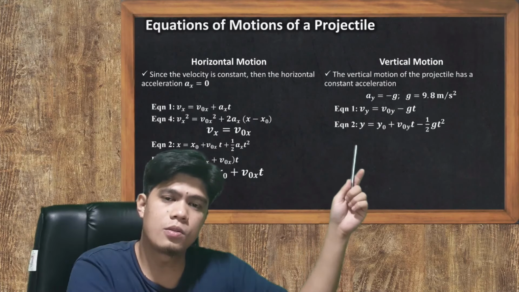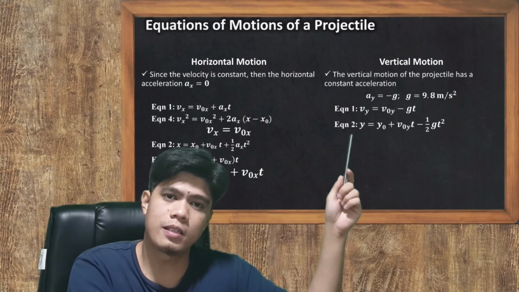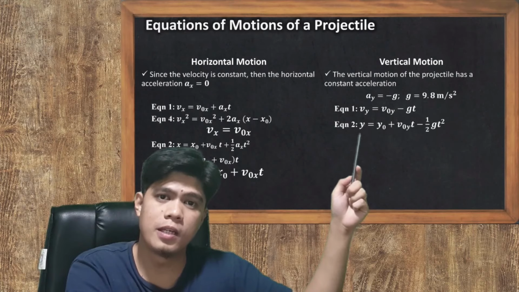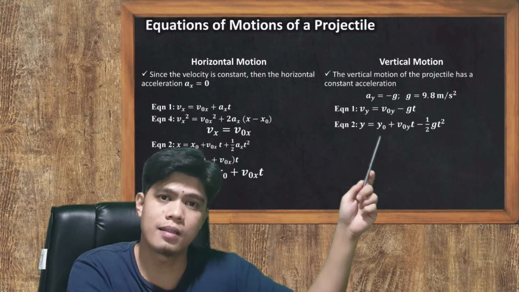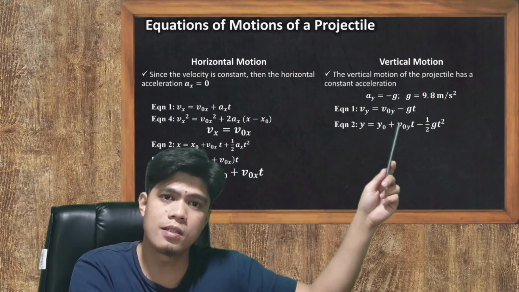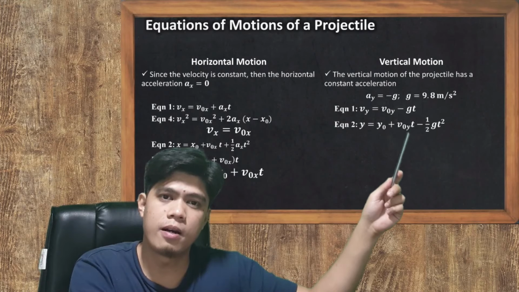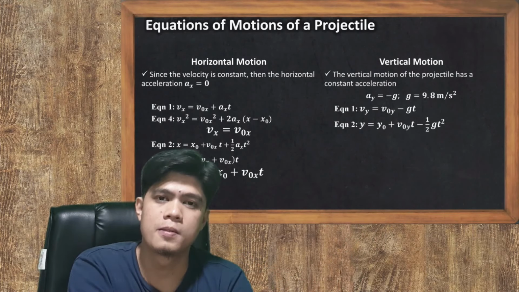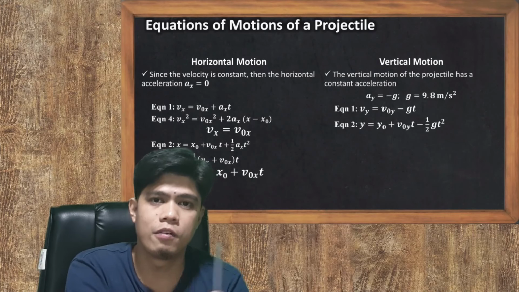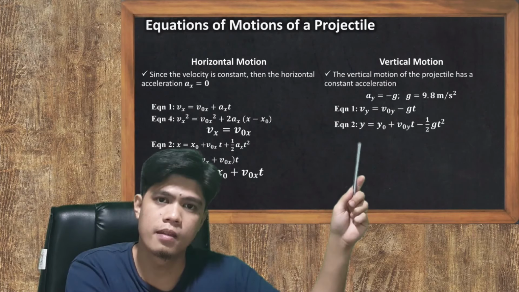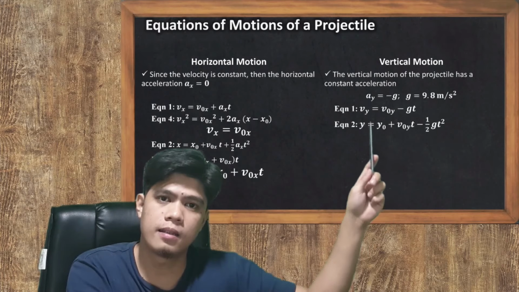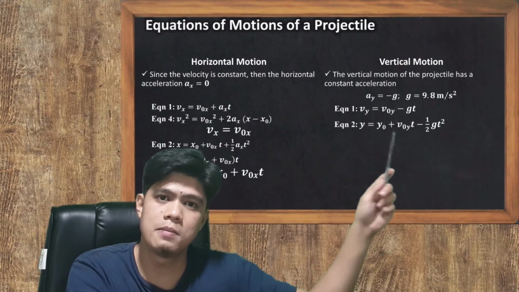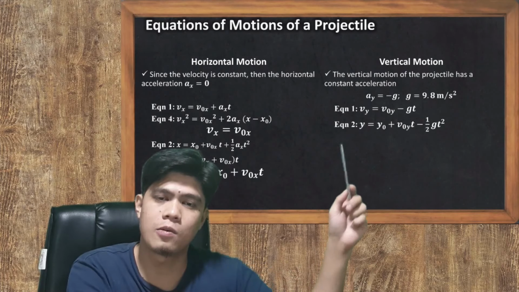Now in equation 2, we have a position, final position y can be determined if you know the initial position y naught plus the initial velocity of y times time minus 1/2 gt squared. So on equation 2, it involves position, initial velocity, and time, meaning the final velocity is missing in this equation.